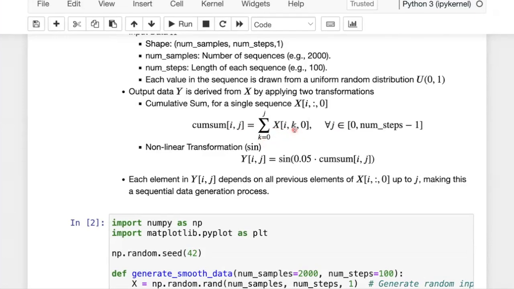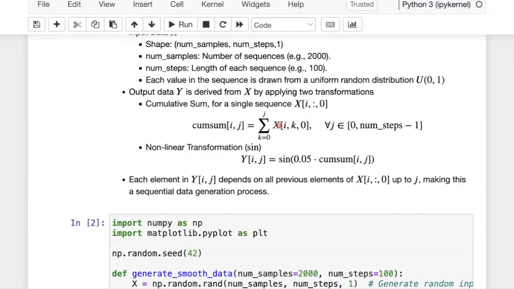So that's why this k goes from 0 to j. So j, if it's, let's say, 5, means that we want to add everything up to time step 5. Therefore, if you want to predict the output at time j, it doesn't just depend on the input at that time, it also depends on all the x values up to that point, right? That's how we create that time dependency.